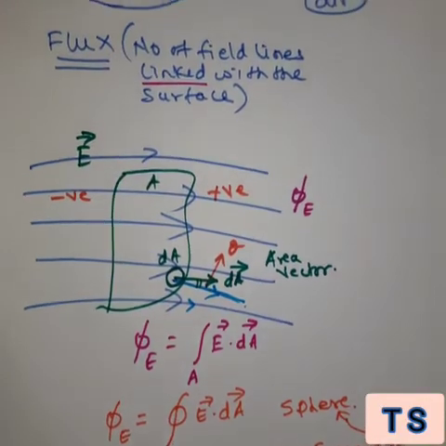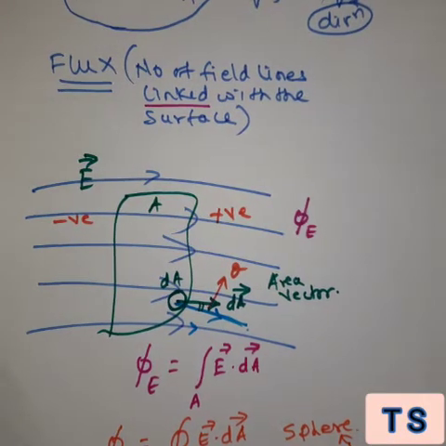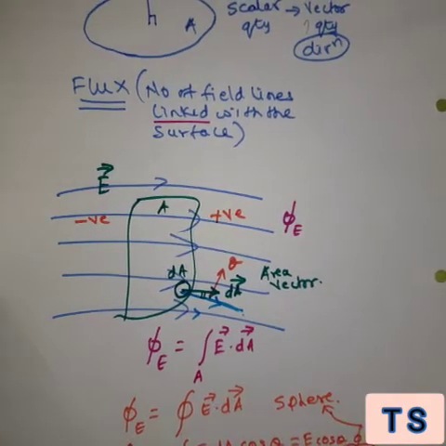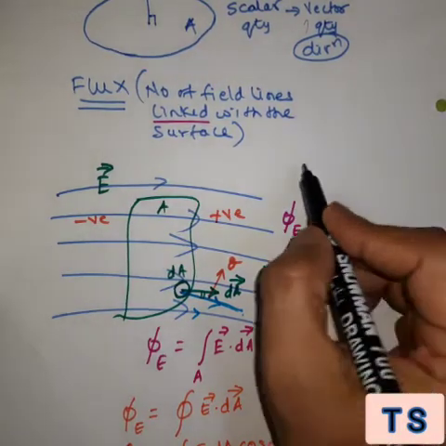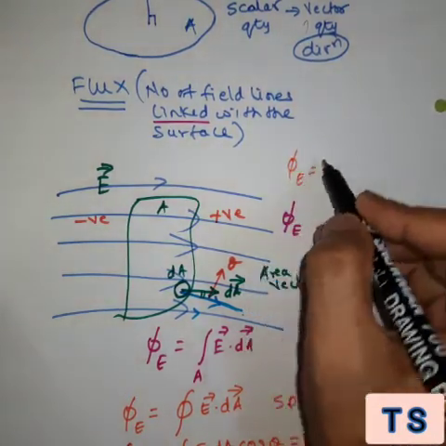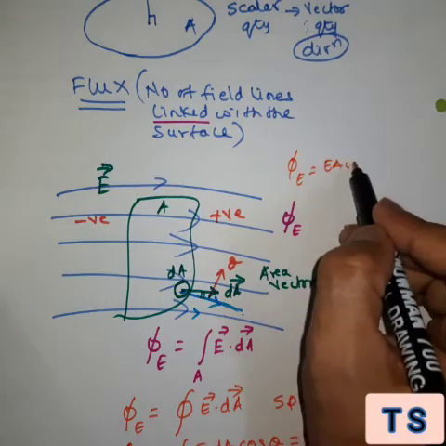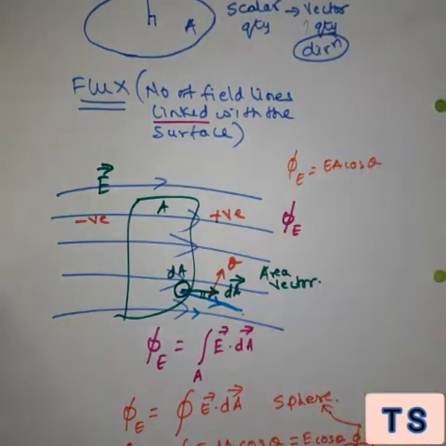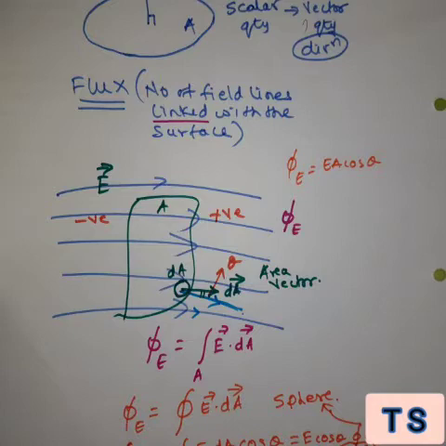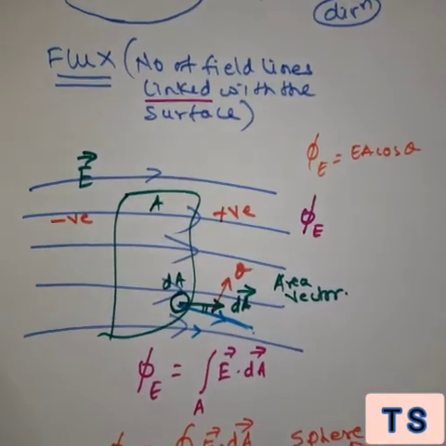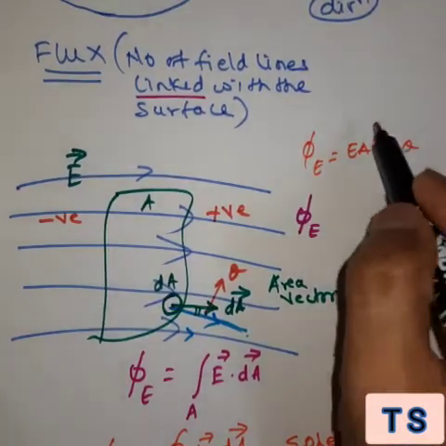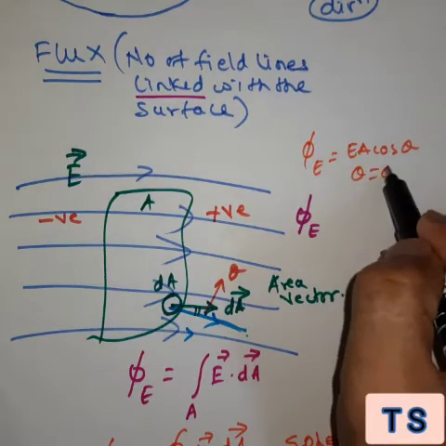Let's say we apply this for different angles. Then how do we get the answer? So I have an equation, phi E equals E A cos theta, and I apply this for different angles. Let's say my theta is equal to 0 degrees.